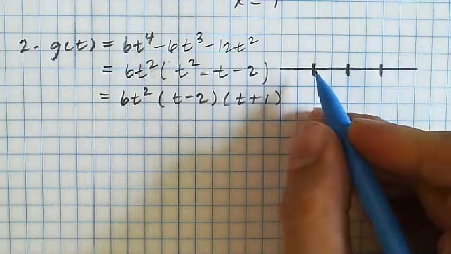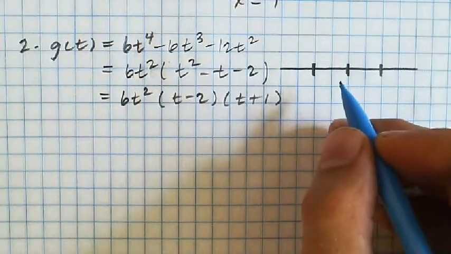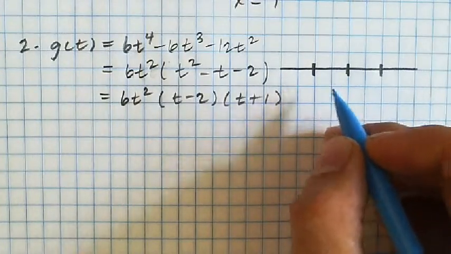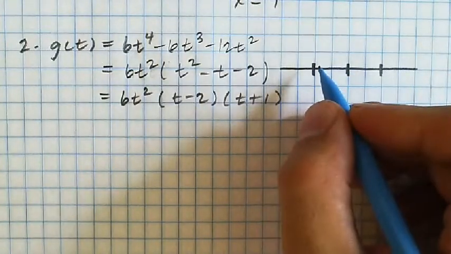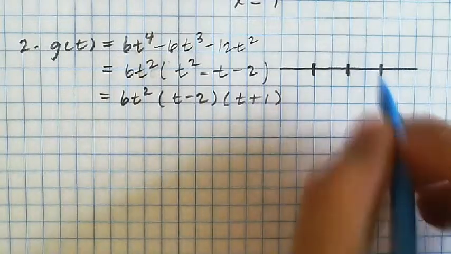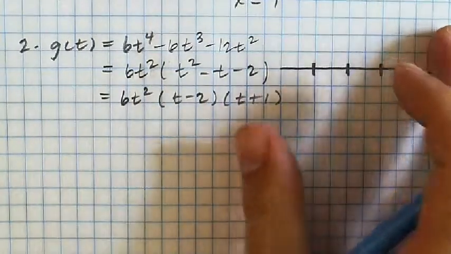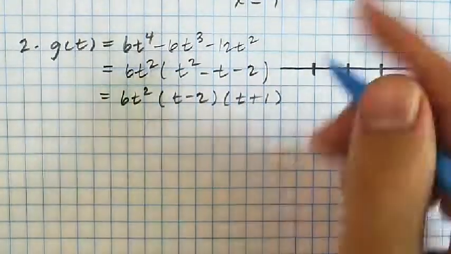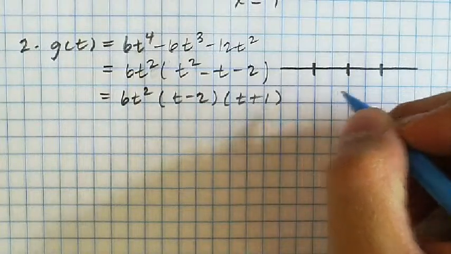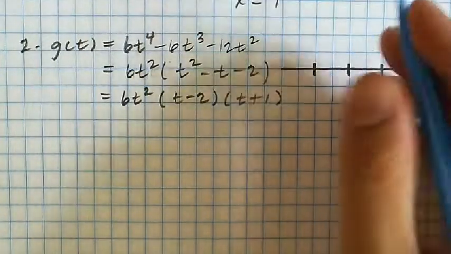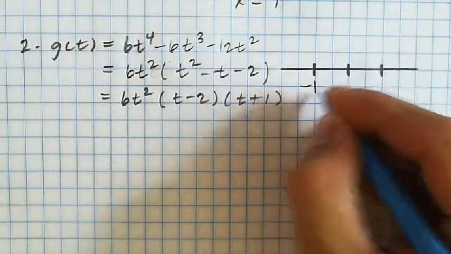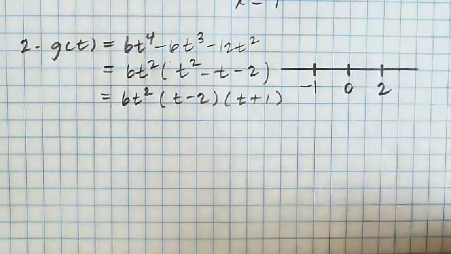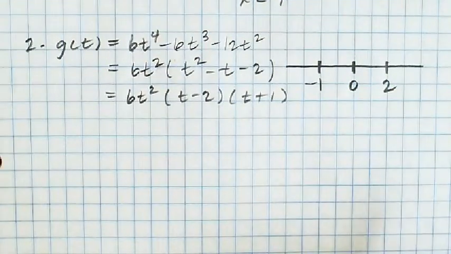And you'll see, I've got graph paper, and this is going to be not to scale, but I always find that it's easiest to sketch these graphs if you evenly space the zeros. Don't try to draw it to scale, because then you might have to draw it small and come to the wrong conclusion. So it's going to be negative 1, that's going to be 0, and that's going to be 2. And that's enough space for me to draw my graph.